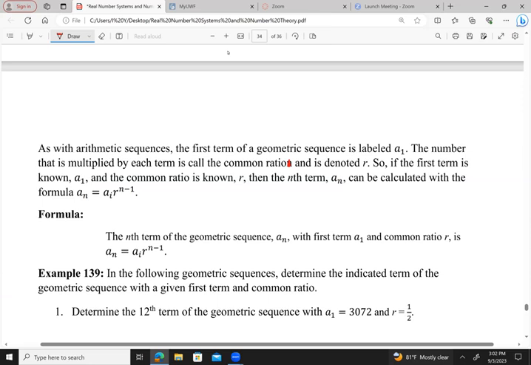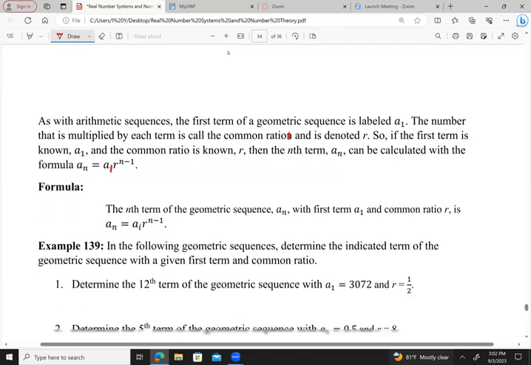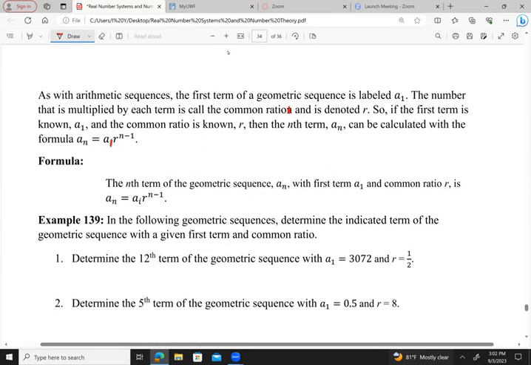So if the first term a1 and the common ratio r are known, then the nth term, a sub n, can be calculated with the formula a sub n equals a sub 1 times r to the n minus 1. Okay, and that's what the formula here says.